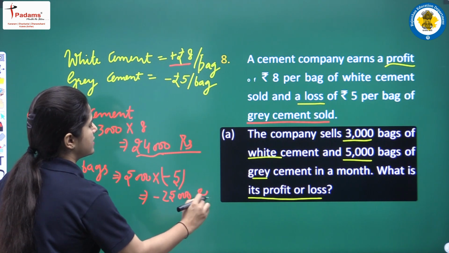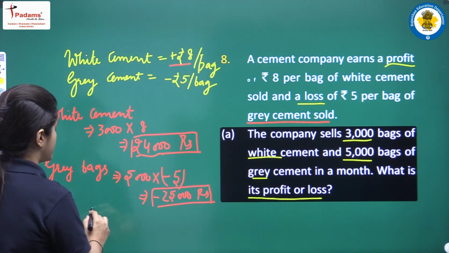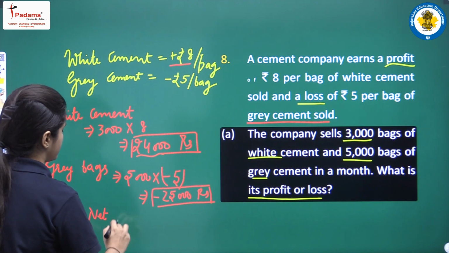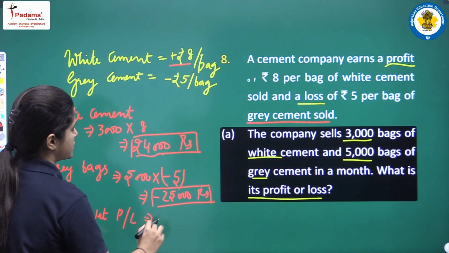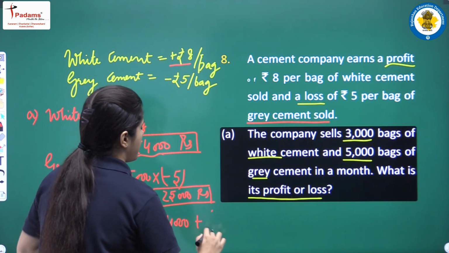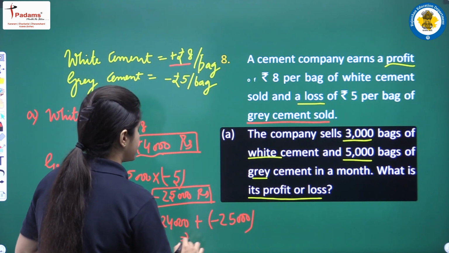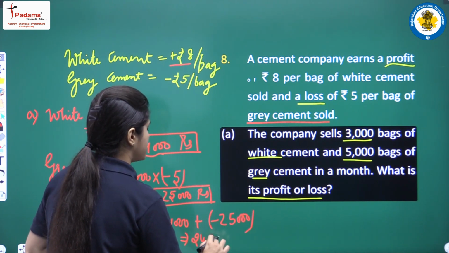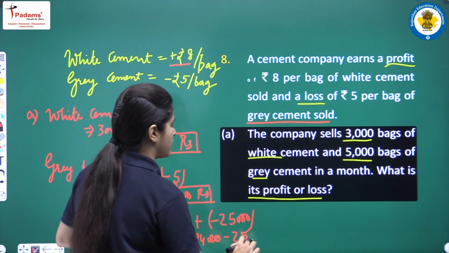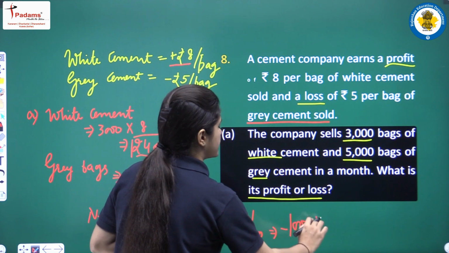Alright students, so this is the profit and this is the loss. So net profit or loss is equal to 24,000 plus minus 25,000. Plus minus is minus, so 24,000 minus 25,000 is equal to minus 1,000 rupees.